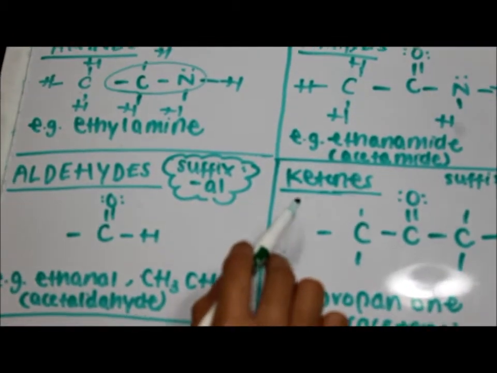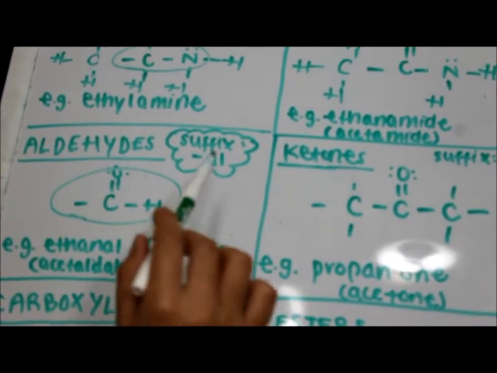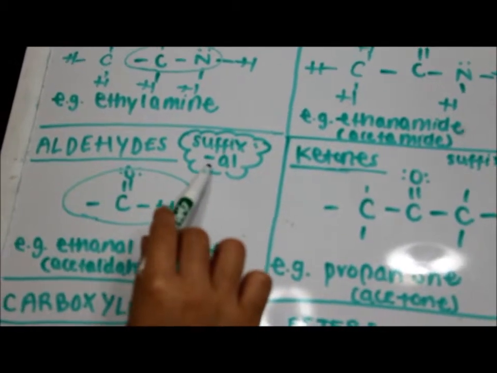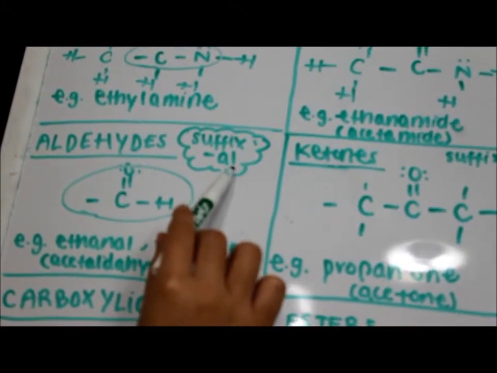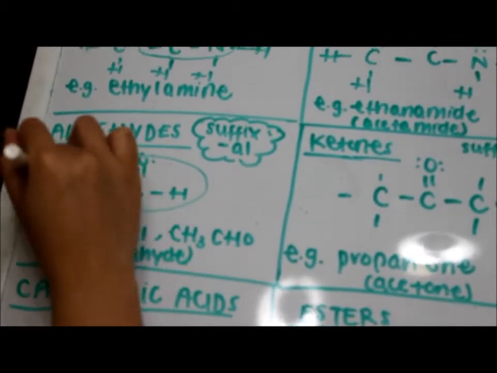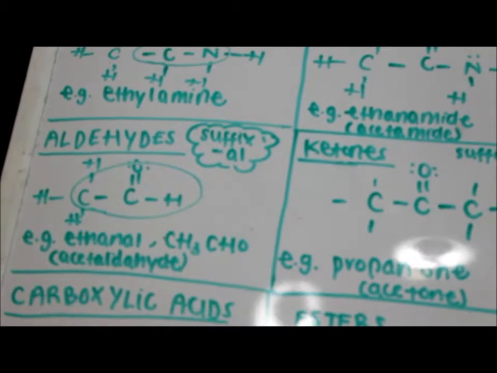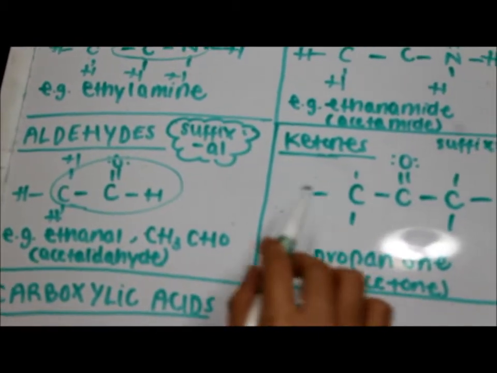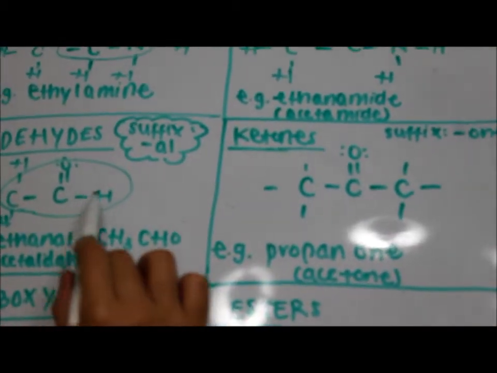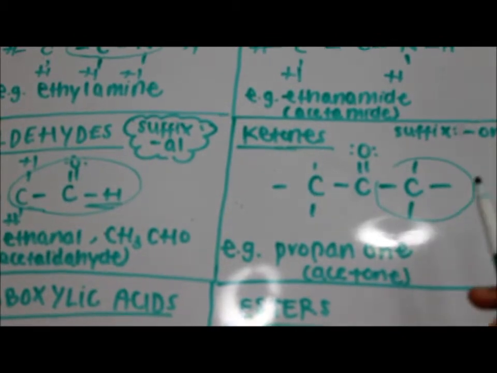Aldehydes and ketones are very similar. So this is an aldehyde functional group right here. The suffix for all aldehydes is -al, and an example is ethanal, which looks like this. Next, we have the ketones, which look just like the aldehydes, except instead of this hydrogen, we have this continued carbon chain right here.